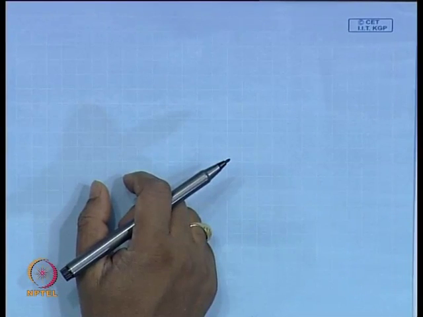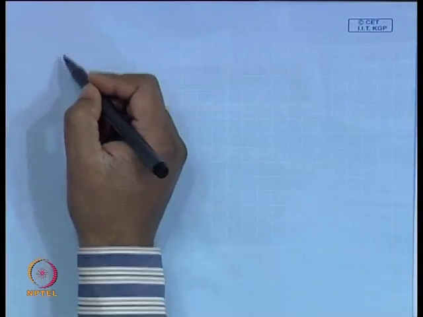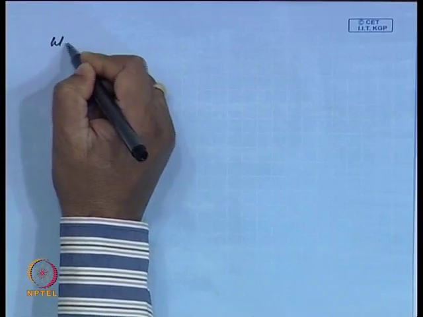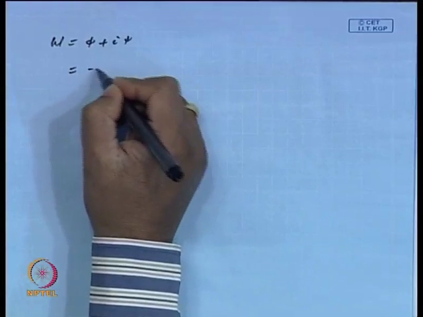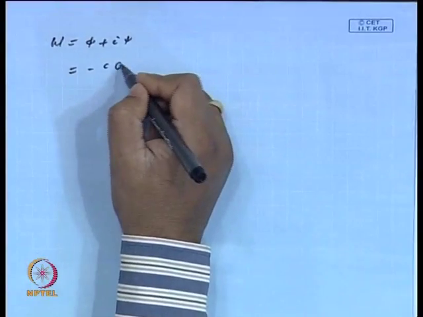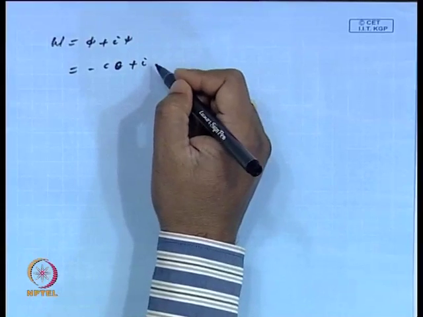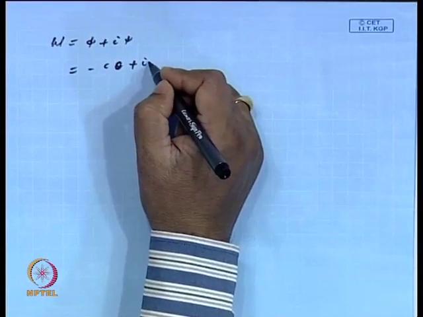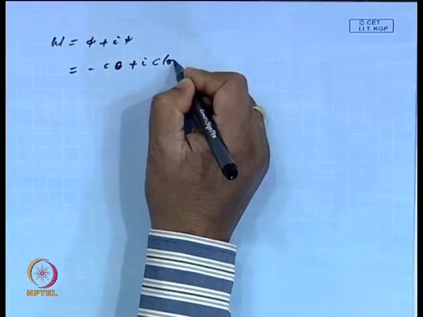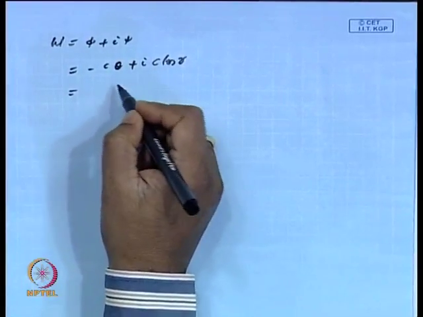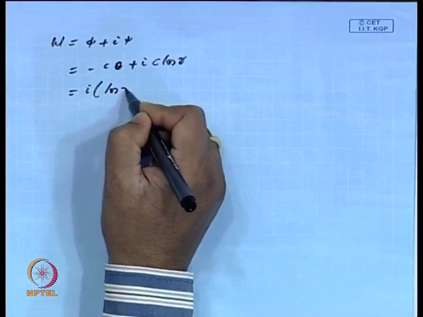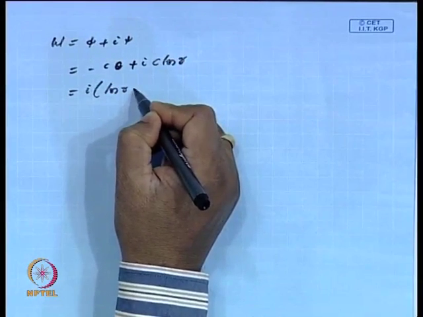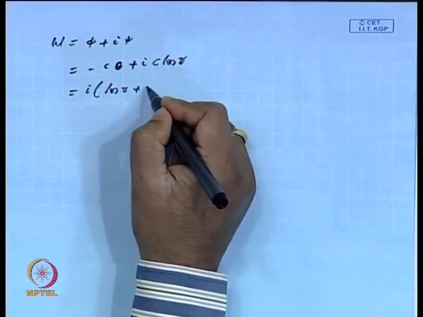Then, because I have got outside the vortex psi is equal to c log r, if I put phi plus i psi, my w is nothing but phi plus i psi, that is phi is minus c theta plus i times psi, which is c log r. So, I can also write it as i times c log r plus i c theta.